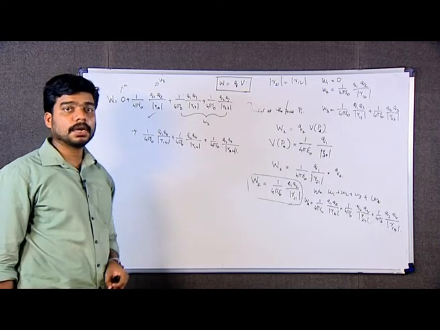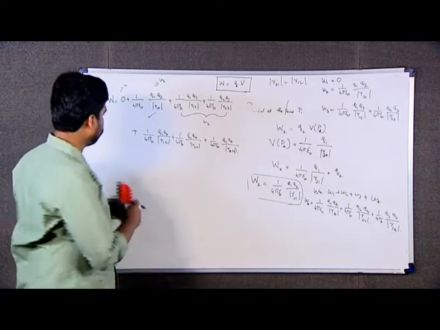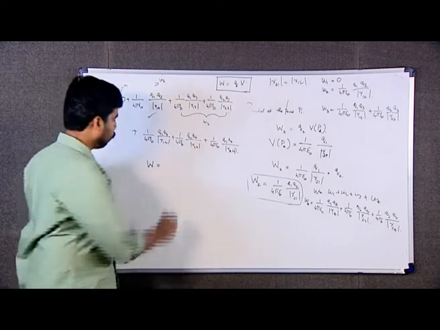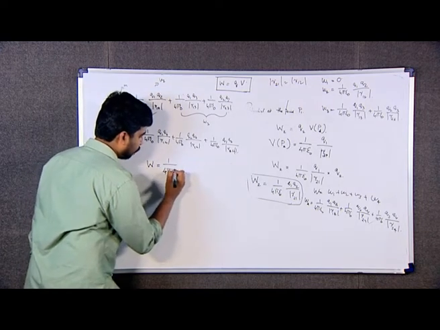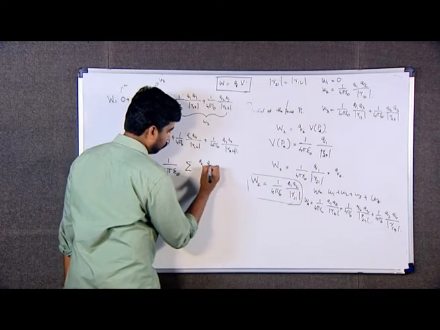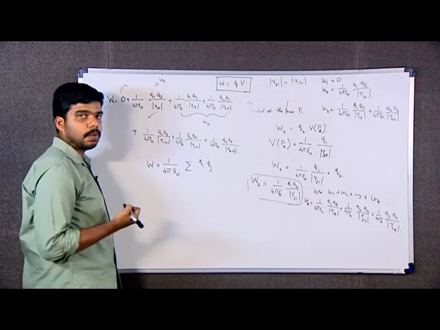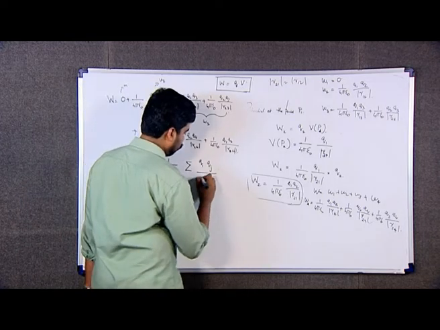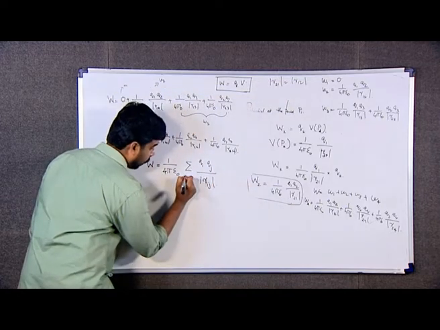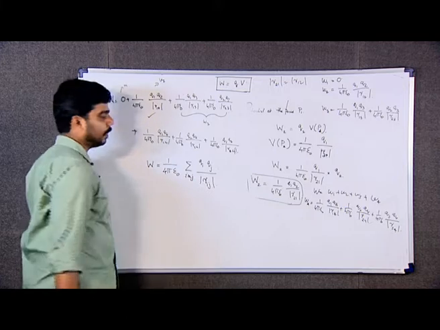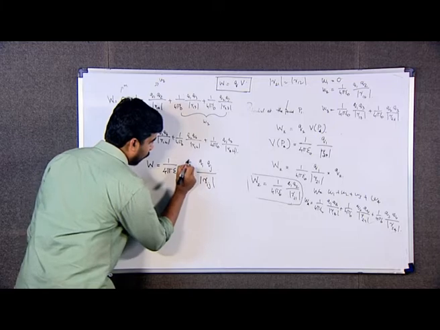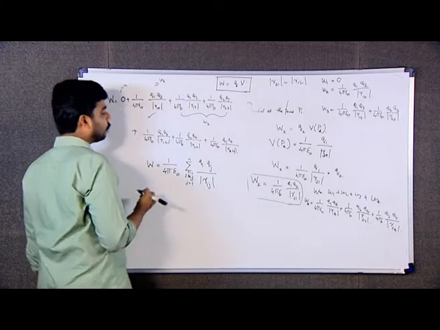In general you can write it as a single equation: the total work done W is equal to 1 by 4 pi epsilon 0 sigma Qi Qj divided by modulus of Rij. I should put the condition that i is not equal to j, and i runs from 1 to n, and similarly j also runs from 1 to n.